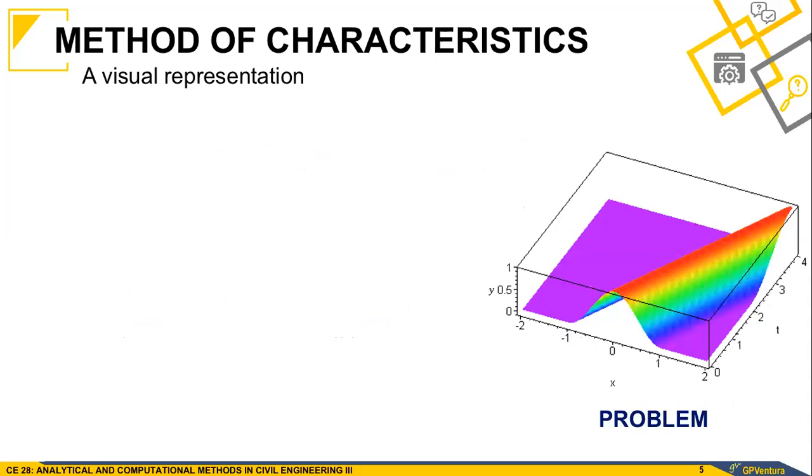Now, for us to be able to appreciate and visualize the process of using the method of characteristics, let's try to look at this visual representation. So, for example, this here is the problem. Given a partial differential equation described initially by what you see in the xy plane, so this is the x and this is the y-axis, at t equals 0.